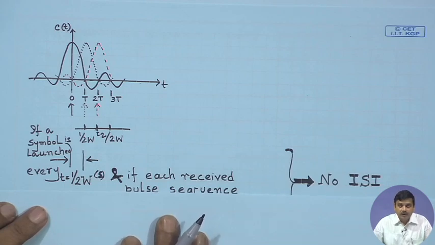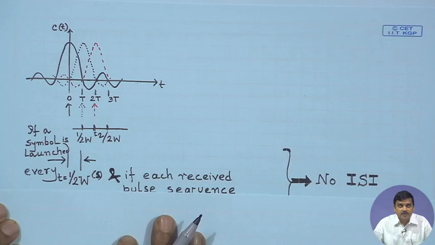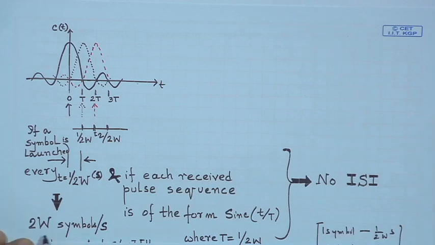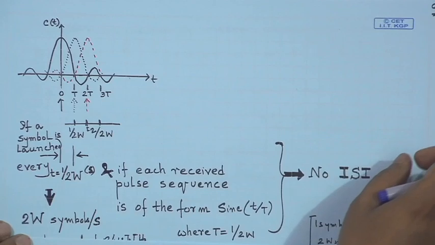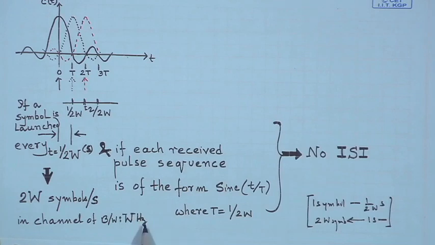Now, if we can launch a signal every 1 by 2W seconds, the question is how many signals can you launch per second? Simply by unitary techniques, you can launch 2W symbols per second, and this is the best rate of signaling if the channel bandwidth is restricted to W hertz.